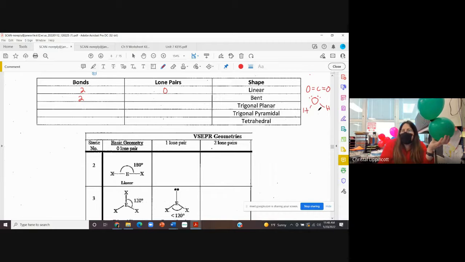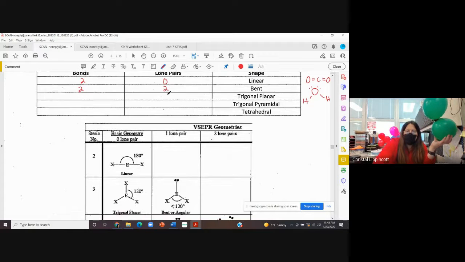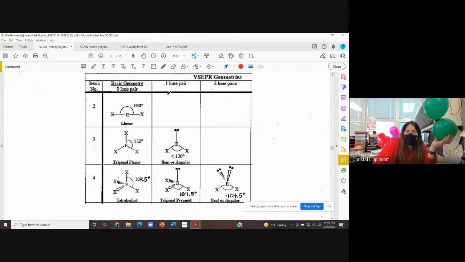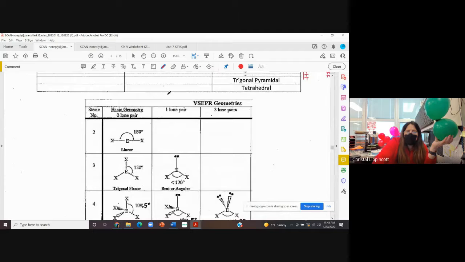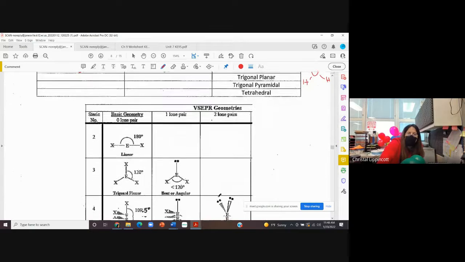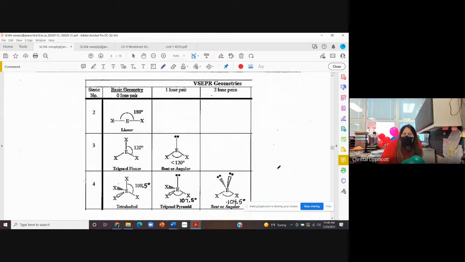You've got your two hydrogens bonded, and you have your two lone pairs. And so your bond angle there is going to be 104.5. And I have that down below on this drawing. Okay. So that's the example right here. That's your bent. That's 104.5.